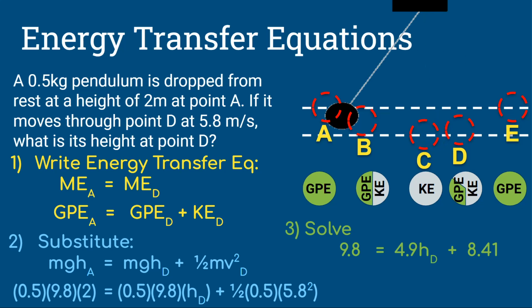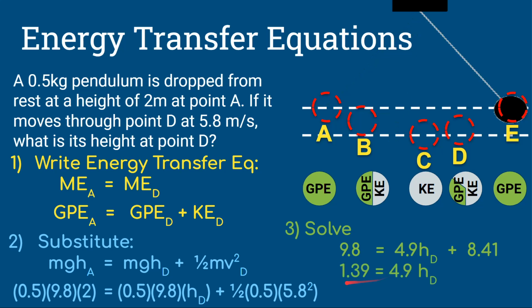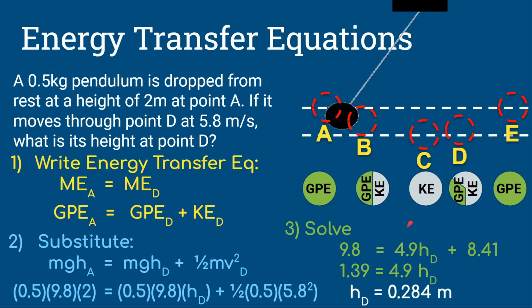So in order to isolate our variable, we need to subtract 8.41 from both sides. And then you'll have 9.8 minus 8.41 equals 4.9h, which is 1.39 equals 4.9h. From here, we just divide by 4.9, and we get our height of 0.284 meters, which makes sense.